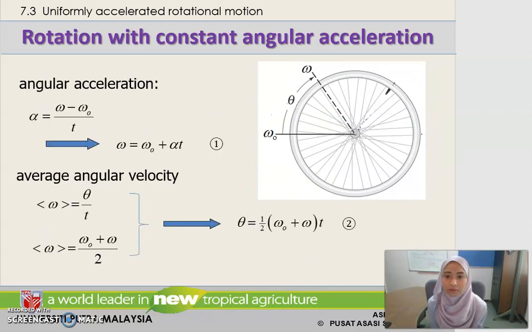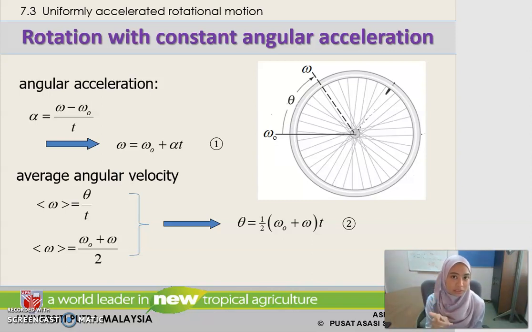Okay, so rotation with constant angular acceleration. Previously, we talked about kinematic equations, whereby the equation is only valid if the acceleration is uniform. Same case here, we have kinematic equations for angular quantities, which are only valid if your angular acceleration is constant.